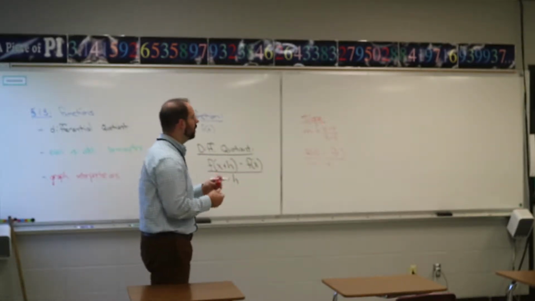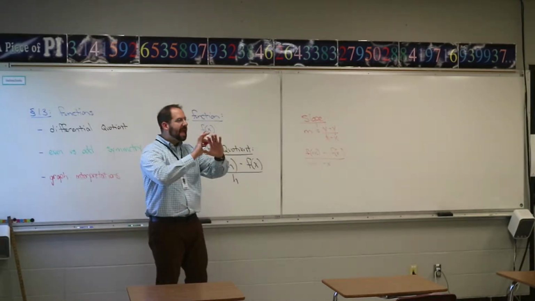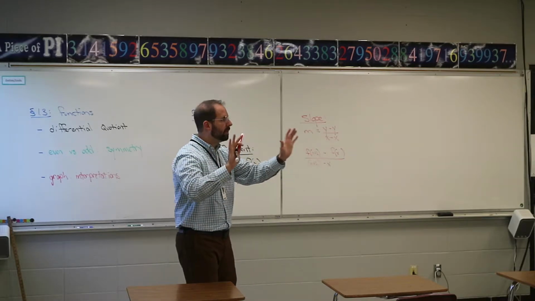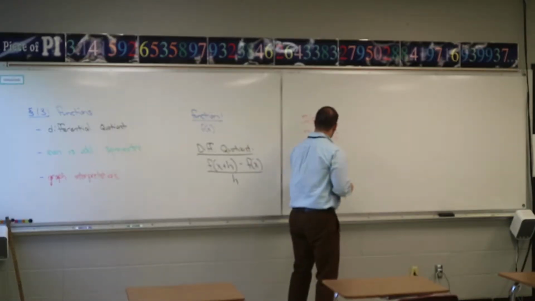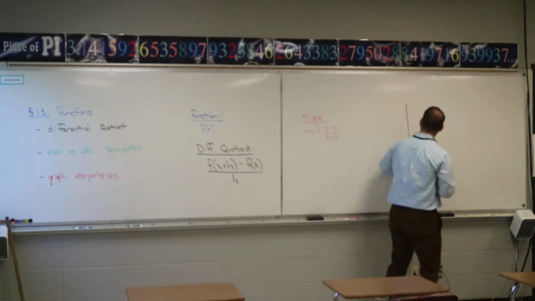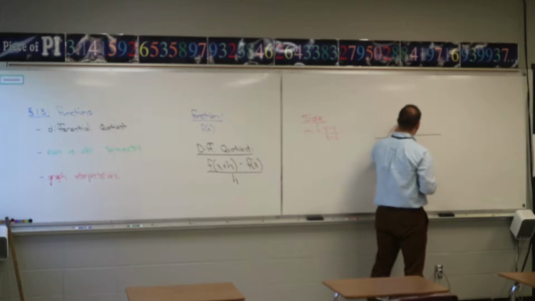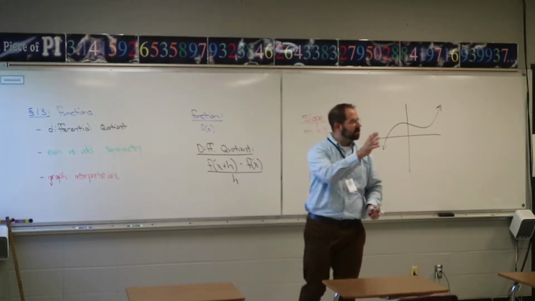So it's an average slope. But it works for anything. This formula can give you slope on any type of formula. It doesn't have to be a straight line. So if we're looking at a generic picture of a curve, something like this, let's say that's my function, the slope changes constantly.